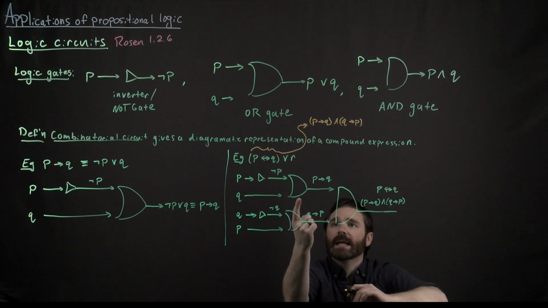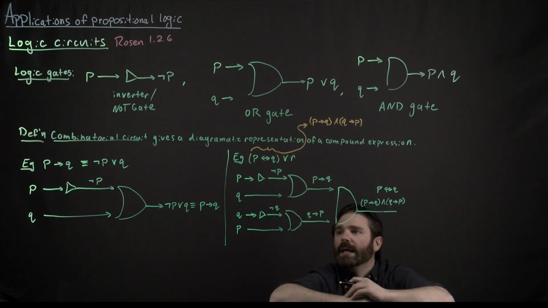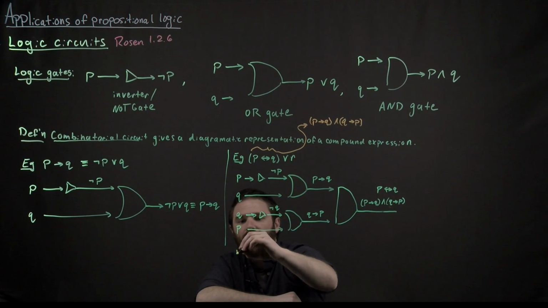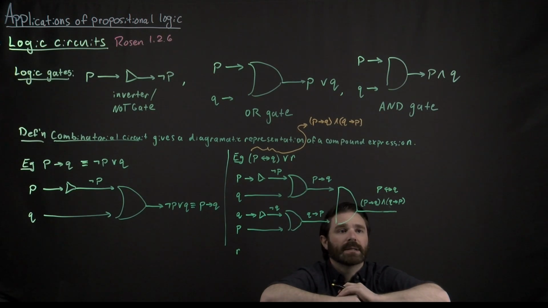But then we also had this OR R right here. So we need to use an OR gate somewhere. So again, I need to use my propositional variable R, and I'm going to stick it in an OR gate.